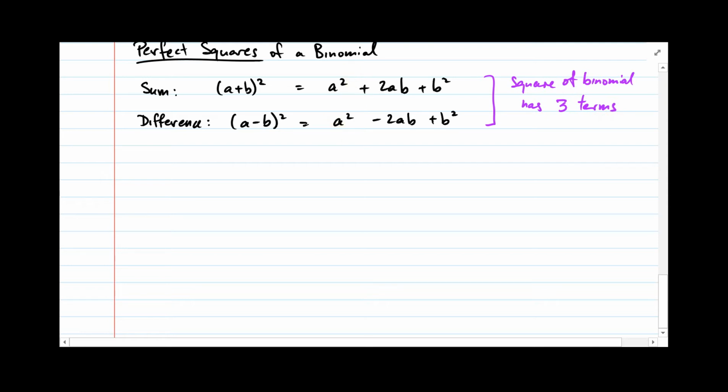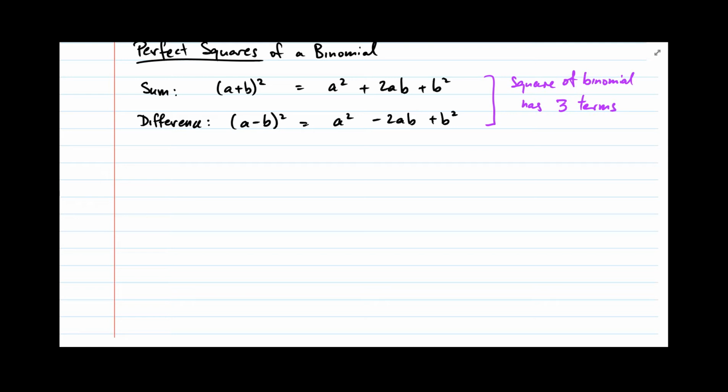Notice that in both lines, essentially, the terms have the same format. I have a squared, I have b squared, and I have either a positive or negative 2ab. The pattern is the same, just maybe the sign would differ.